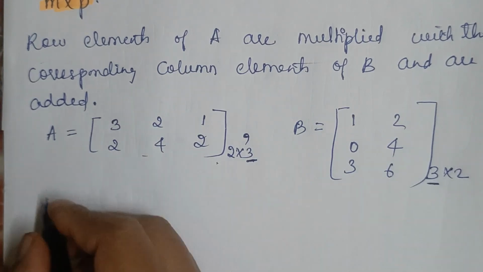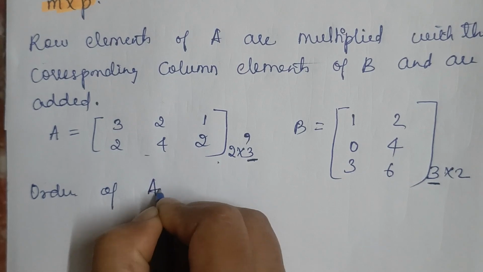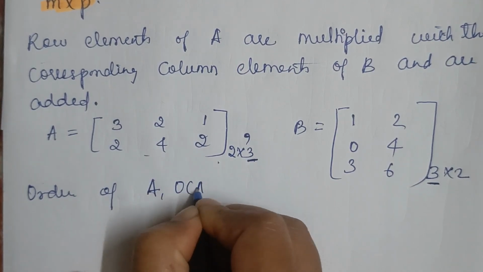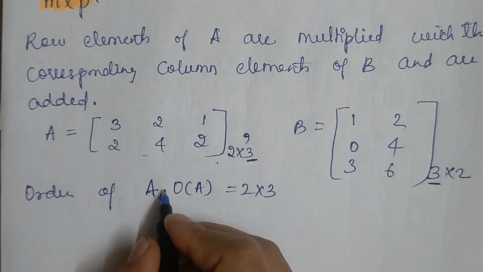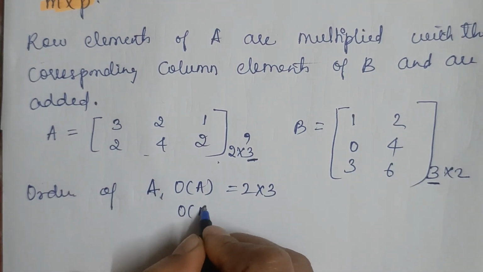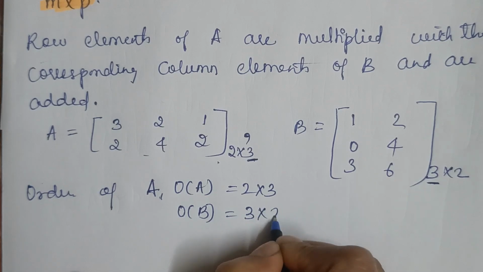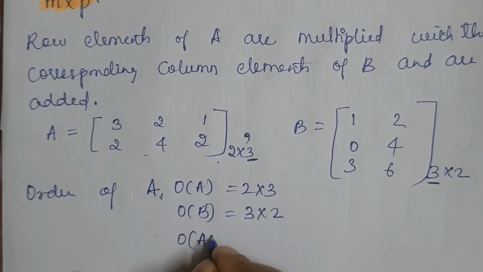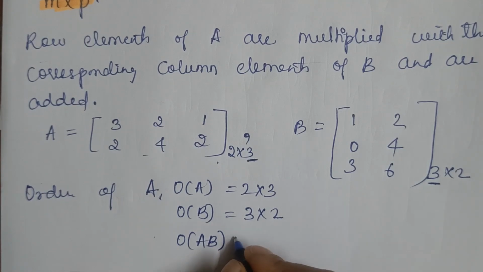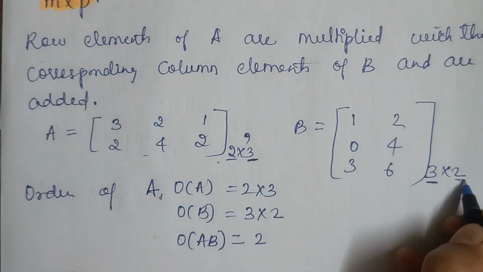So the order of matrix A is equal to 2 by 3, and matrix B is 3 by 2. Then the order of the product of the matrices A, B is going to be what? 2 by 2.